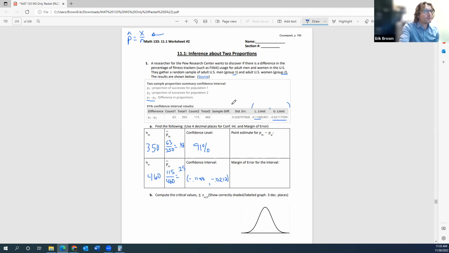Quick conceptual question. Let me remind you that the way we did this subtraction, it's stated right here, is we did the men usage minus the women usage. The percent, right? Looking at the confidence interval, who's using Fitbit more, men or women? And how do you know?